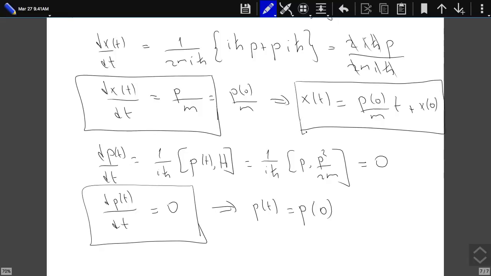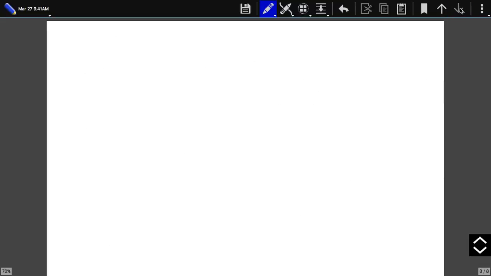Well, the Hamiltonian is always constant. You see, what is dH by dt? It is 1 over i h bar the commutator of H and H. This is 0. But keep in mind, we had started by assuming that the Hamiltonian doesn't depend on time, doesn't have any explicit time dependence.